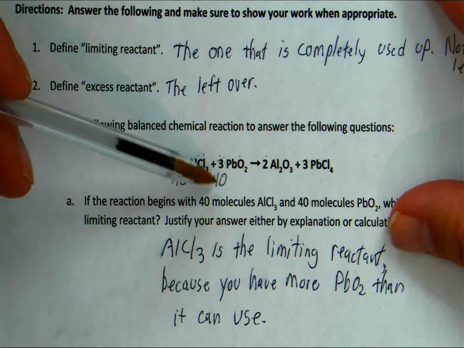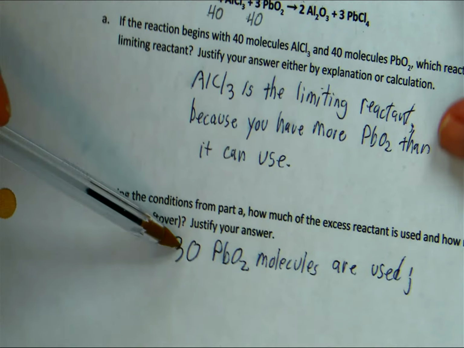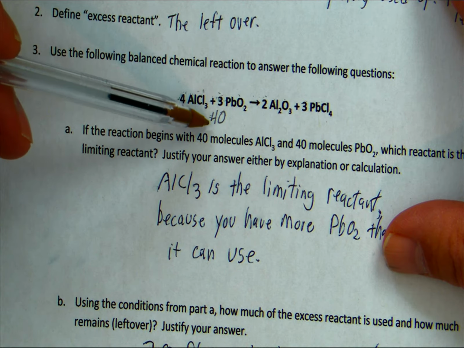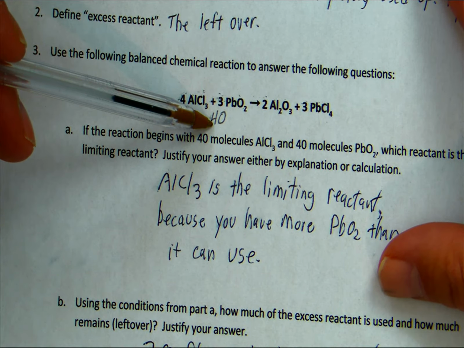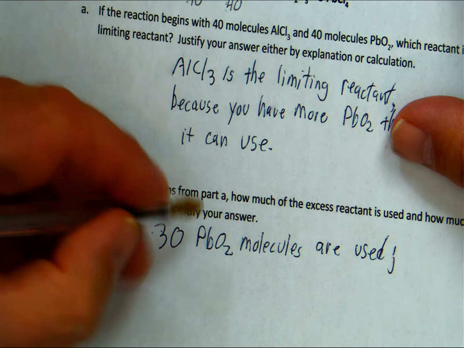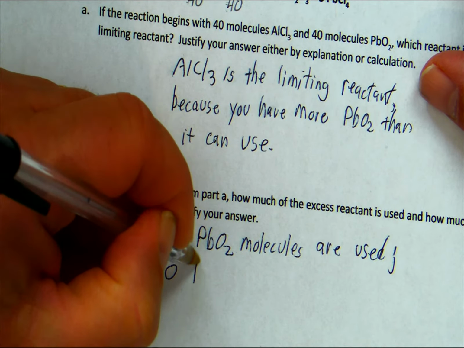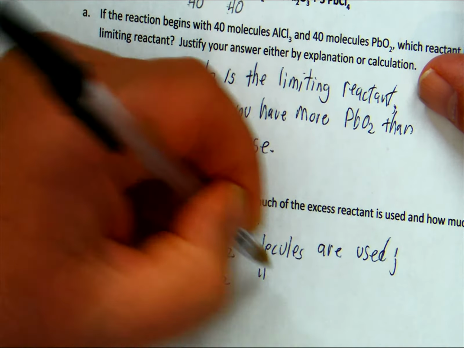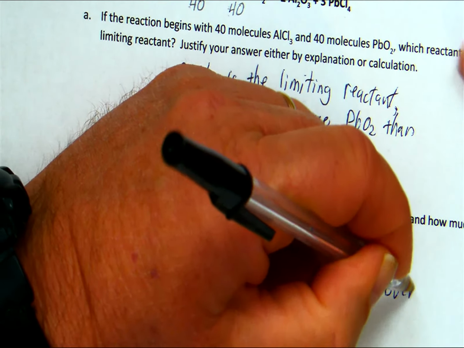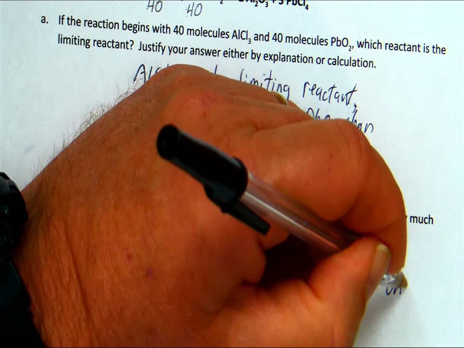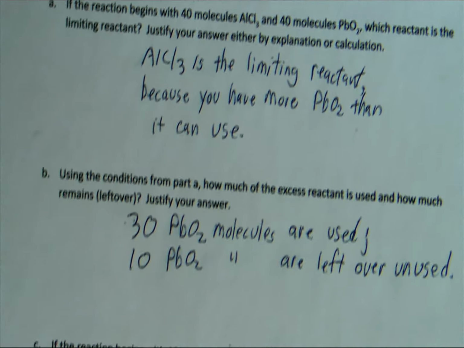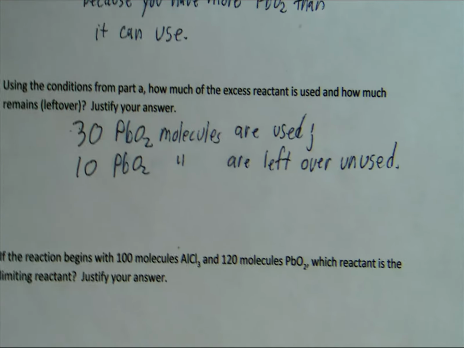Well, if I start with 40 and I use 30, then 40 minus 30 is 10 PbO2 molecules are left over unreacted, unused. Ta-da! That answers part B.